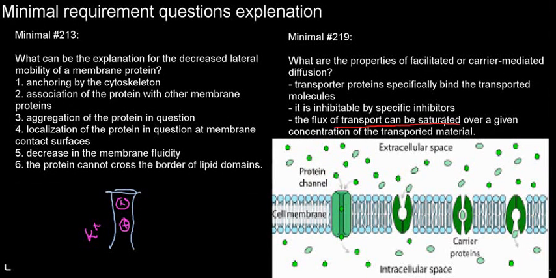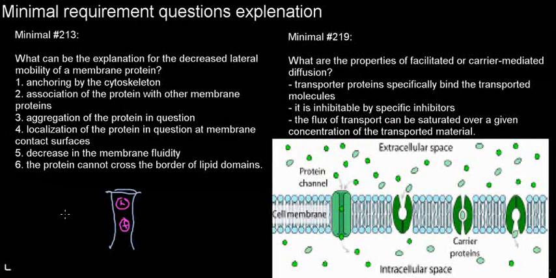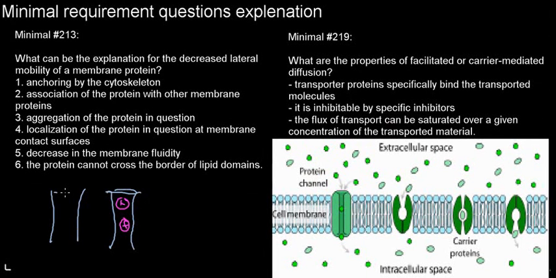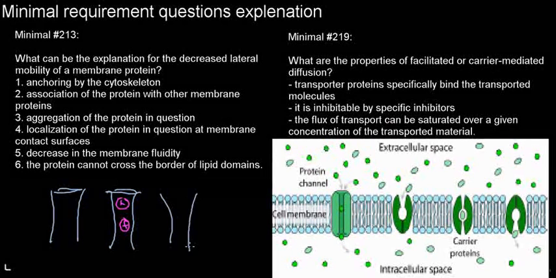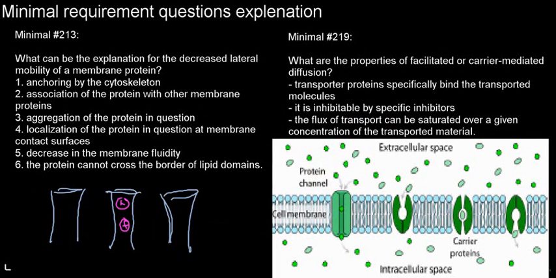The flux of transport can be saturated over a given concentration. Basically, this is a funny way of saying, if I have, let's just say, 3 channels. I'll probably have more in my plasma membrane, but let's say I have 3 channels, and each channel can transport, let's say, 10 of these ions per second.